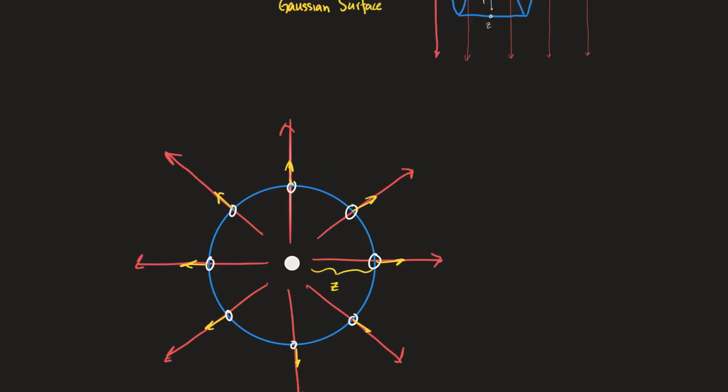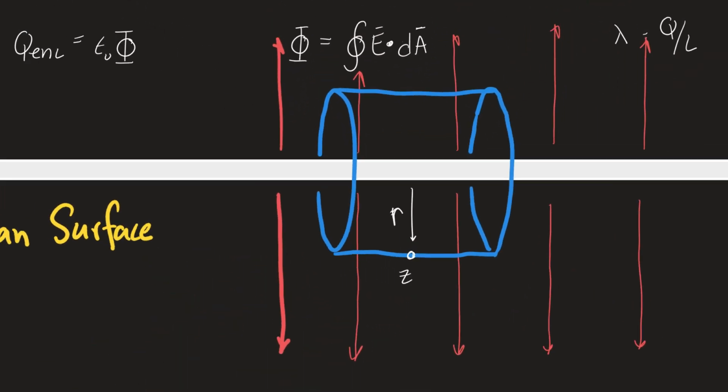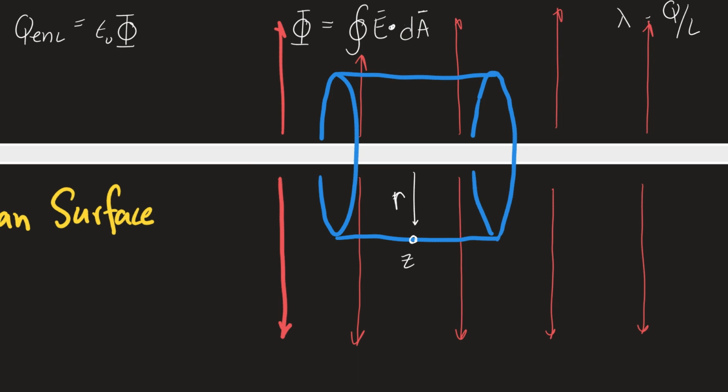So I'm trying to address the total flux. The problem is that my surface actually has three surface areas. There's the top of the can, there's the bottom of the can, and then there's the sides of the can. Do you guys see that?